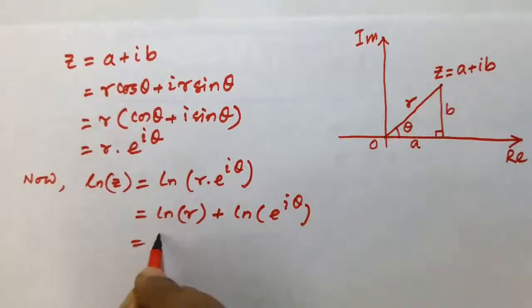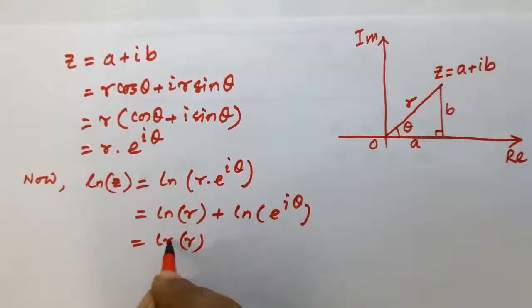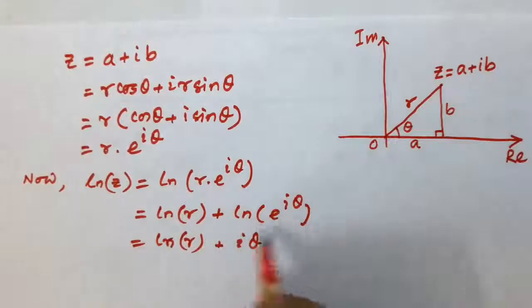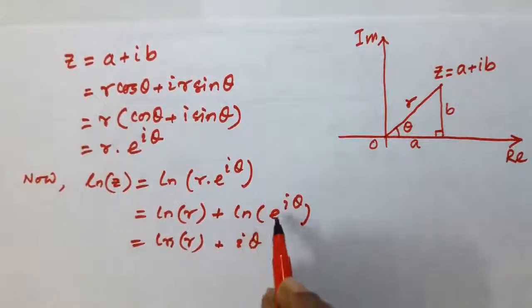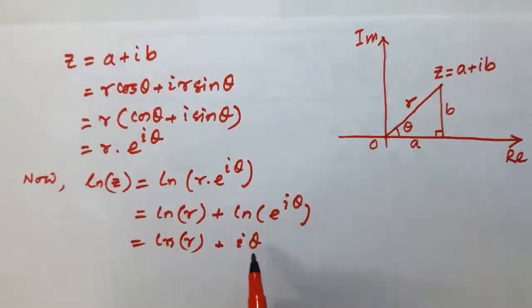So this is ln r plus I theta. This is the rule of logarithm, natural log: log base e of e to the power I theta is equal to I theta. So ln z is equal to ln r plus I theta. Now this is a very interesting case.